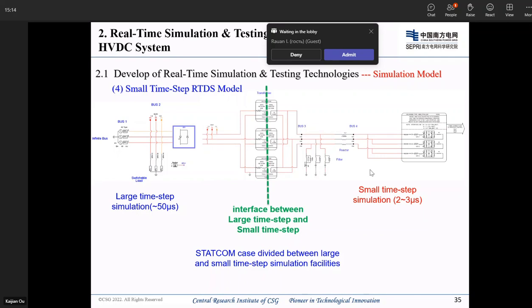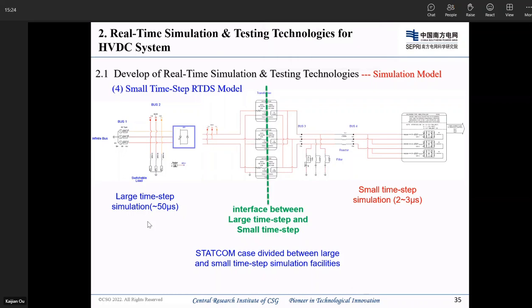And another simulation model is the small timestep RTDS model. Just now I have seen the LCC HVDC, normally its timestep is 50 microseconds. We call them large timestep simulation.